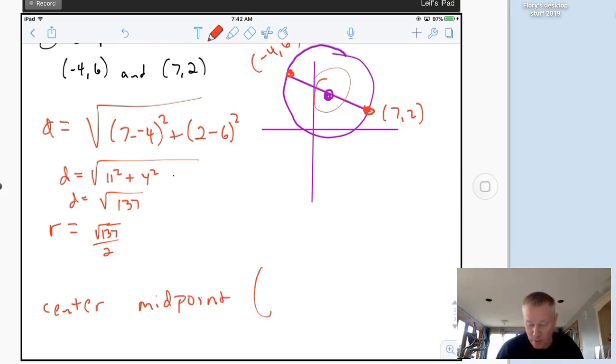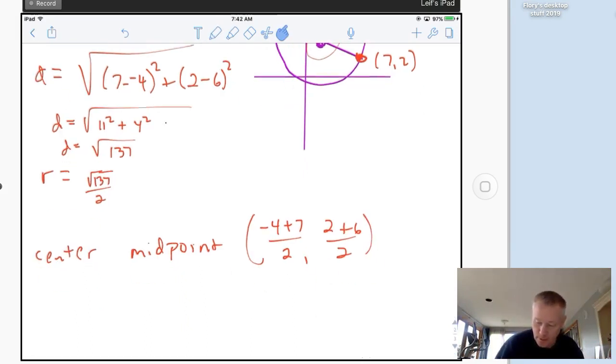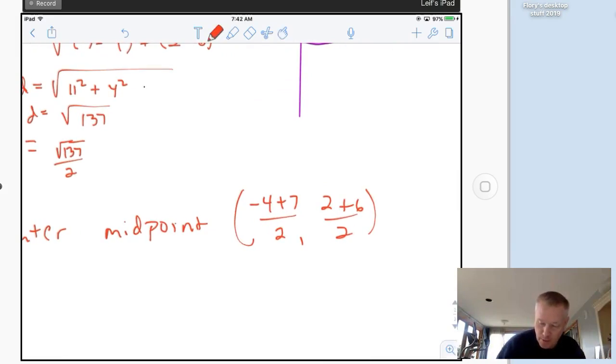So to find the midpoint, you add the x coordinates together, which would be negative 4 plus 7 divided by 2, and add the y coordinates together, which would be 2 plus 6 over 2. Okay, and then simplify, which is going to give me negative 4 plus 7 is 3 over 2, and 2 plus 6 is 8 over 2, which is 4. So this is my center.